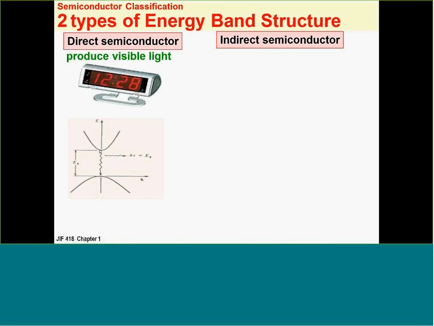So whenever the electrons fall down to the valence band, the energy that's being given out, or the energy gap, is sufficient to produce visible light.